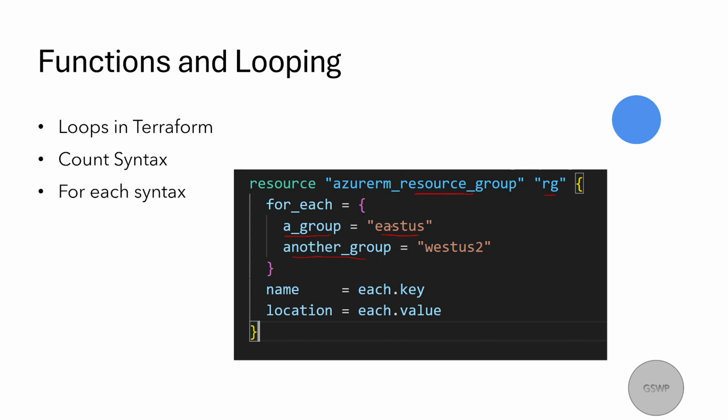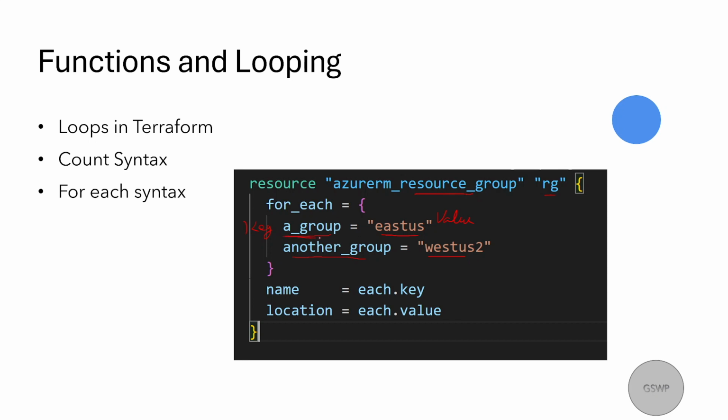One resource group I'm going to create in East US, and another resource group I'm going to create in West US 2. When I'm creating these two resource groups in different locations, I just define these two properties, the key and the value. The left hand side is the key, and the right hand side is the value.